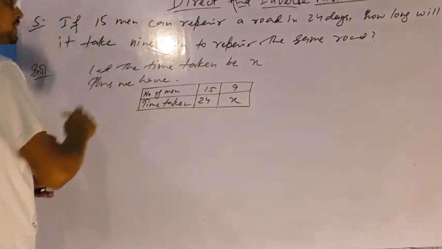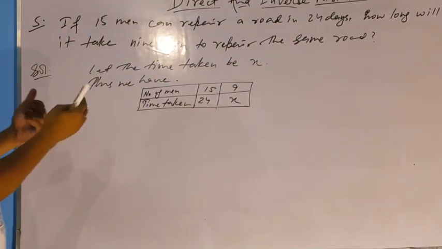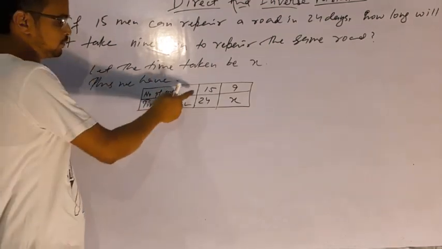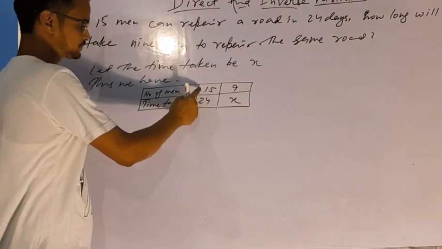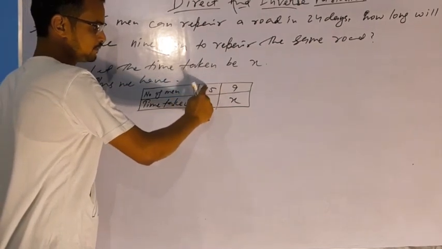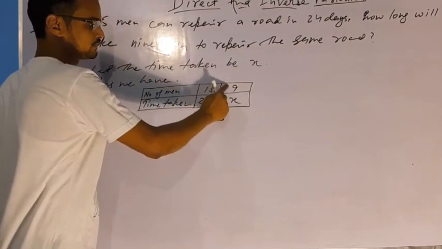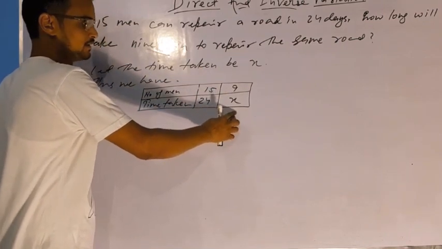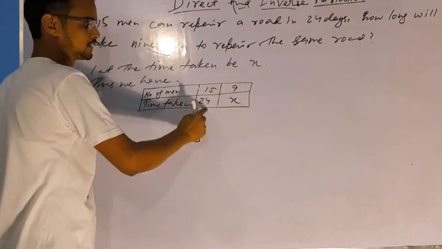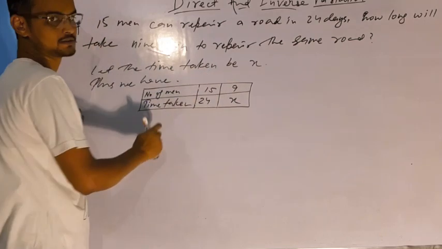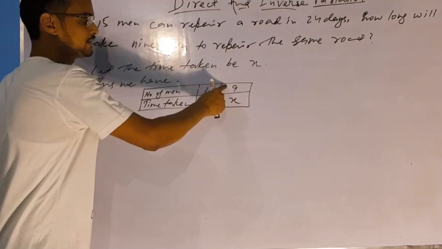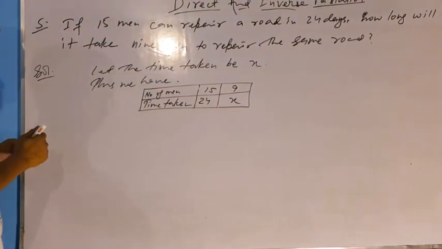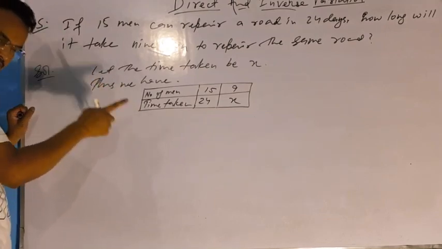Now consider the case: what is the condition here? Which variation is this? Here a smaller number of men is involved to finish the work. With fewer men, the time will increase. When the first quantity decreases, the other quantity must increase, because fewer men can take more time. Then it is a case of inverse variation.